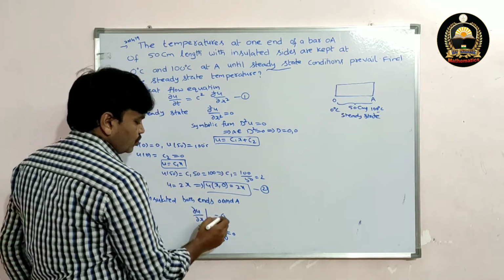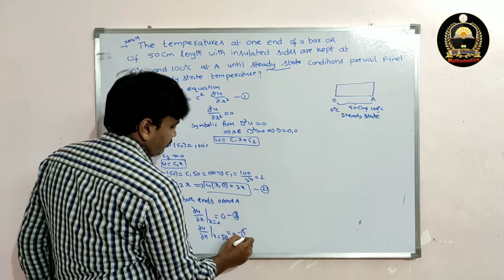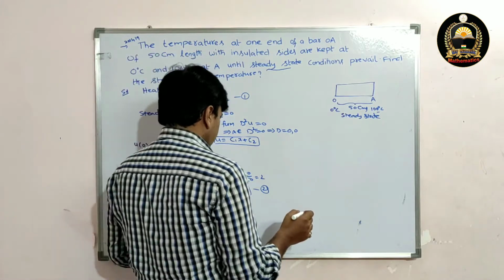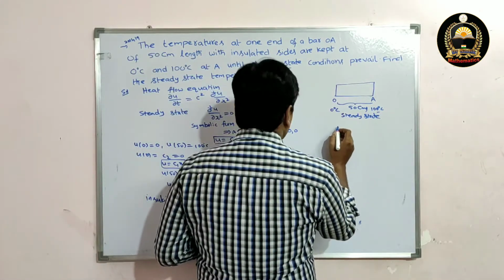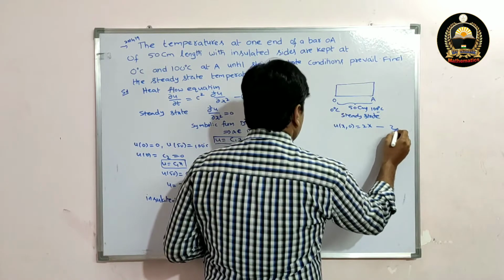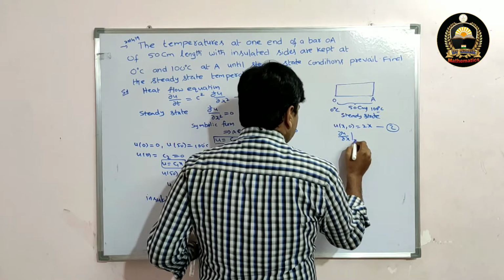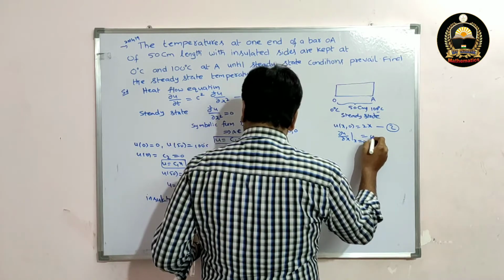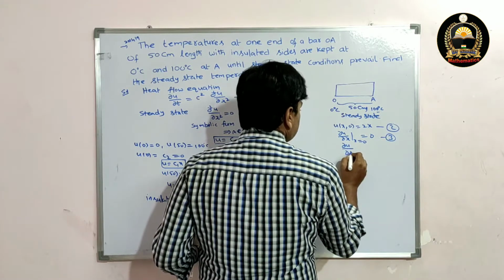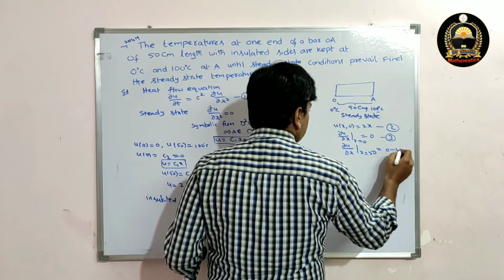So this is 2, and 3 and 4, which I want to write here. U of x comma 0 is equal to 2x. This is 2. Dou U by dou X at X equal to 0 is 0. This is 3. Dou U by dou X at X equal to 50 is also 0.